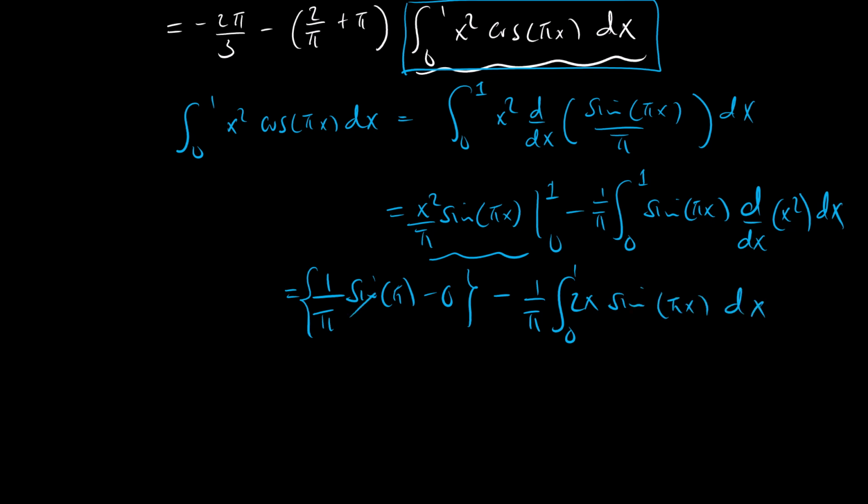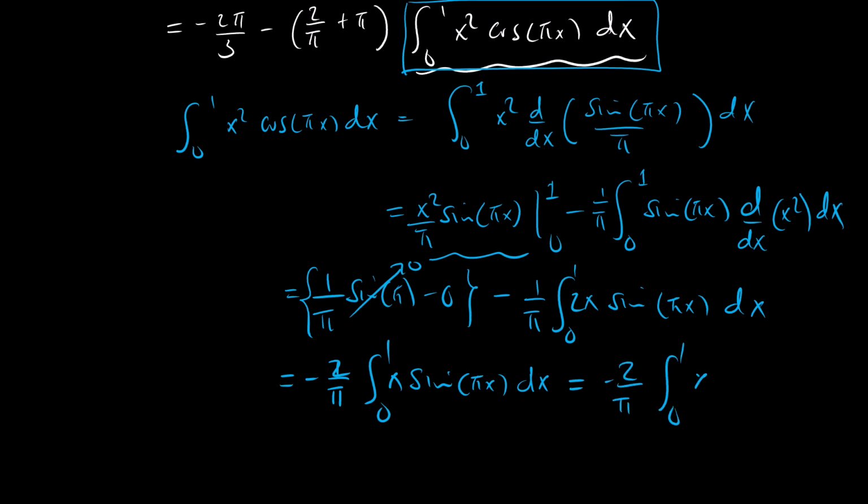So this goes to 0, and so we have negative 1 over pi, 2x integral from 0 to 1 of sine pi x, which is the same as 2 over pi integral from 0 to 1 of x, the derivative of cosine pi x.